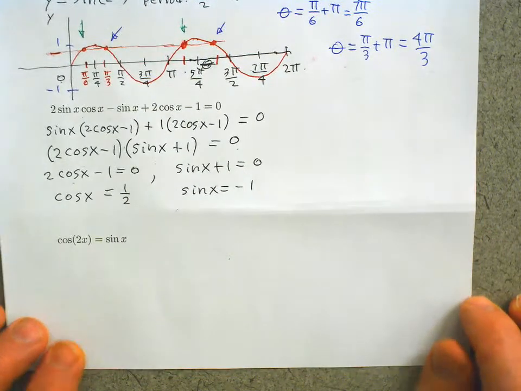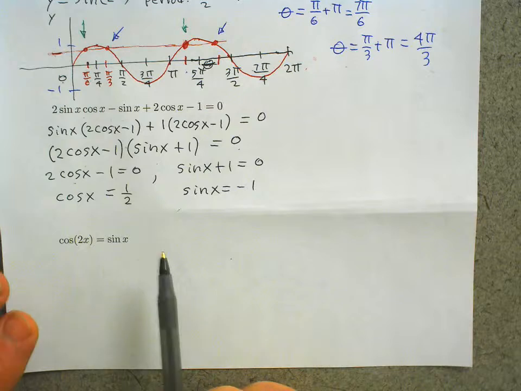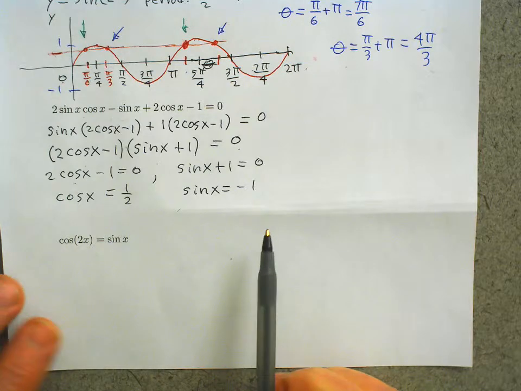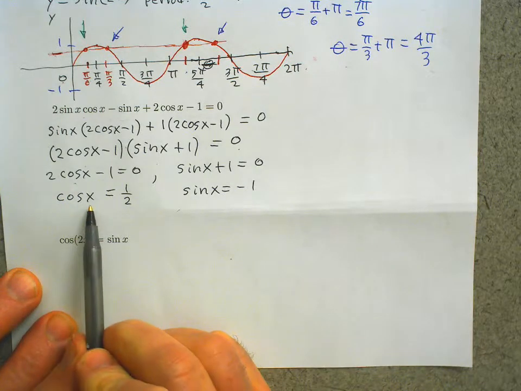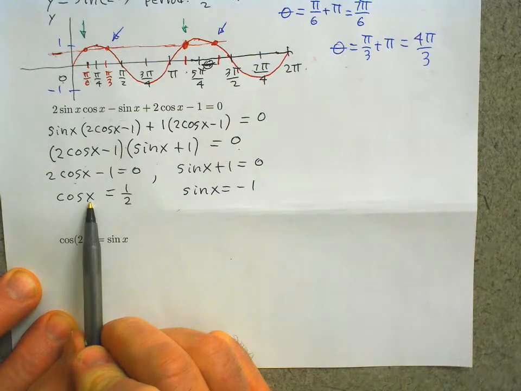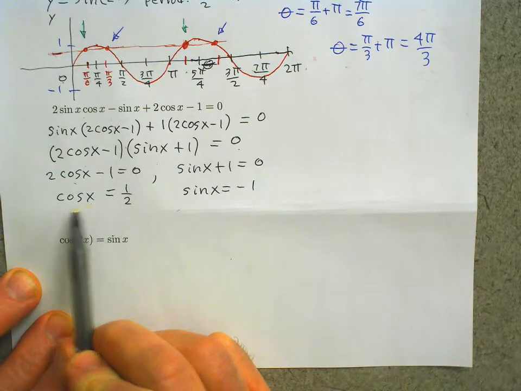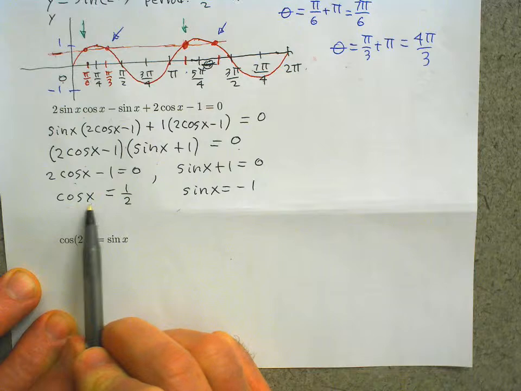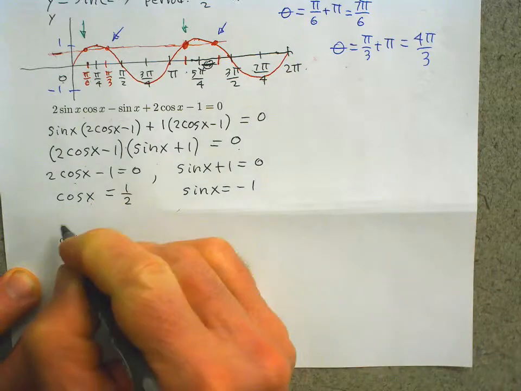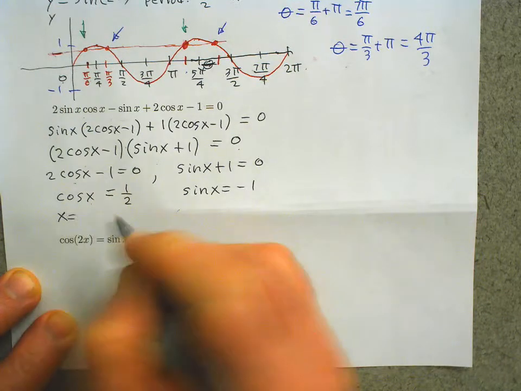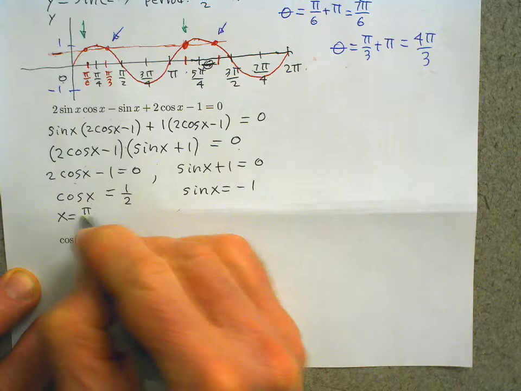Okay, so it looks like for this equation, we're going to have 3 solutions. There are 2 values of x between 0 and 2 pi for which cosine of x is 1/2. One of those is pi over 3.